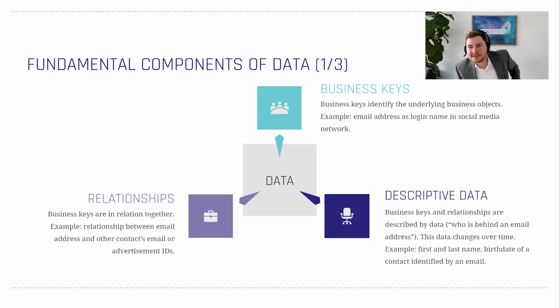All of you know business keys are normally the identifying attributes, and you build a hub out of it. Descriptive data is what describes this business key or this event. This is then the satellite, describing attributes, and then we have the relationships, which are the links, in between these different events or business entities. In our case, it's really business entities with business keys and hubs.